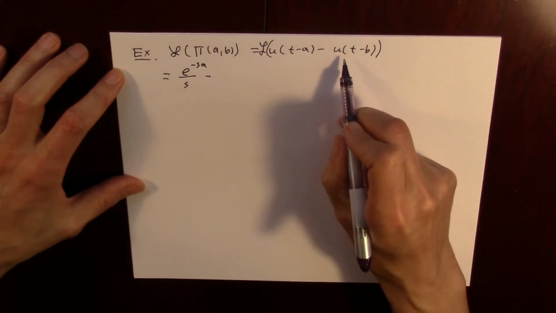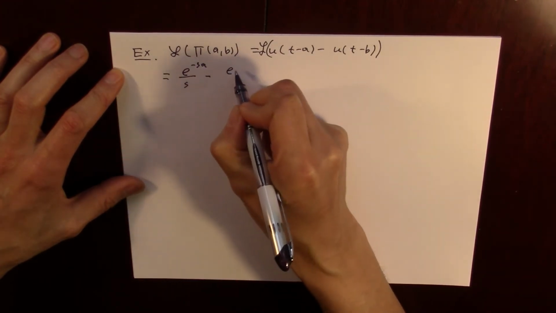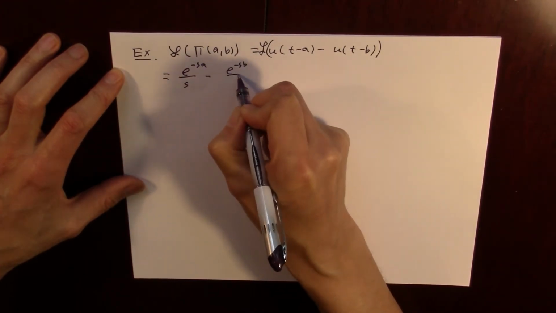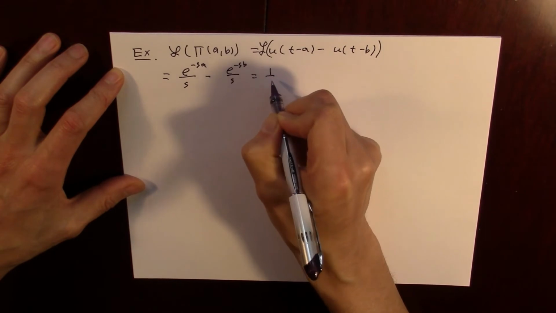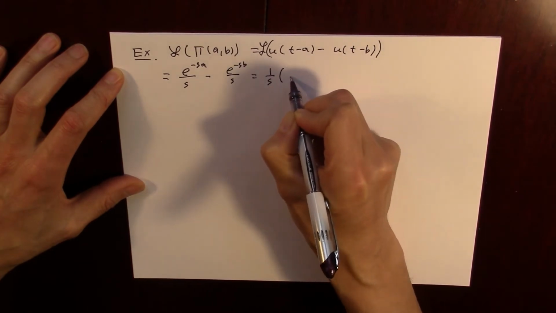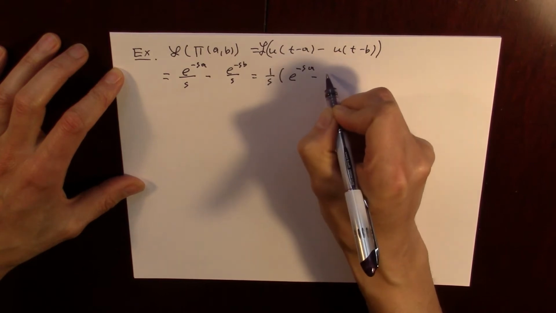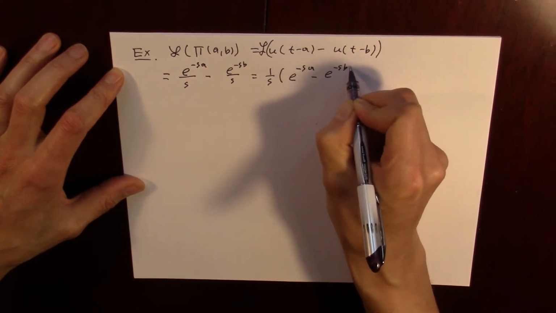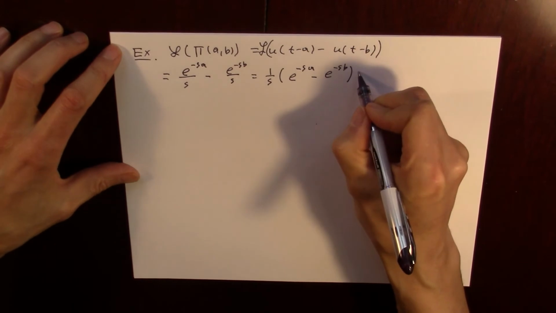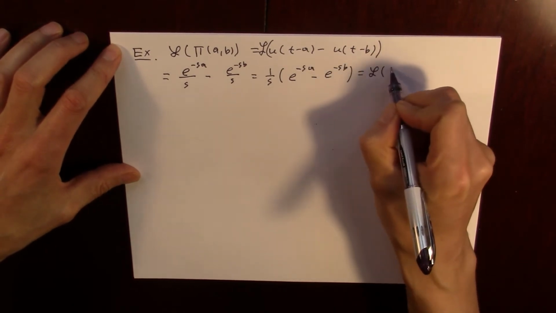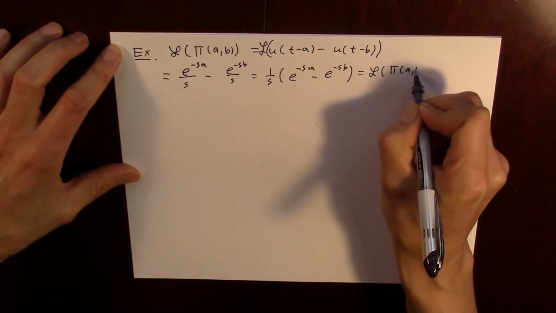The Laplace transform of the step function t minus b is e to the negative sb over s. Maybe factor 1 over s out, and we're going to get e to the negative sa minus e to the negative sb. And that will be the Laplace transform of the window function between a and b.